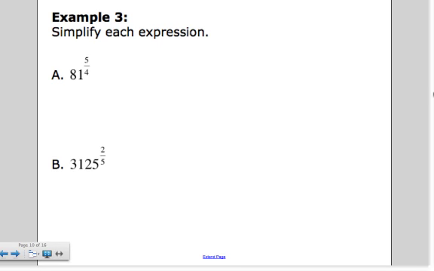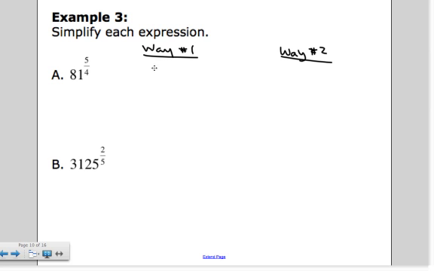All right, so let's try these. This one says 81 to the 5/4. Well, let's do this my way. We'll do it way 1 and way 2. Okay, and you can make your own decision which one you prefer. All right.